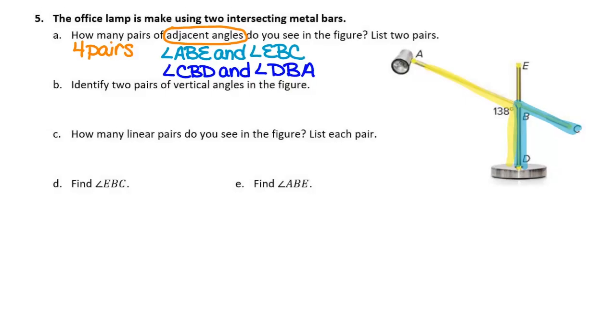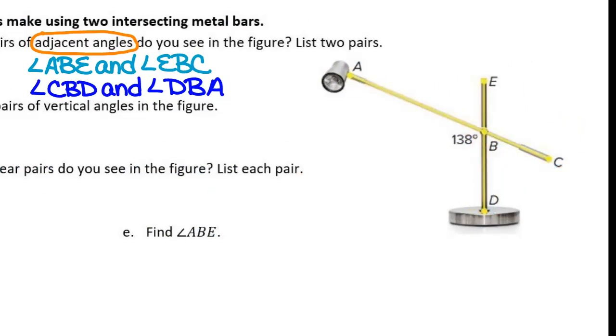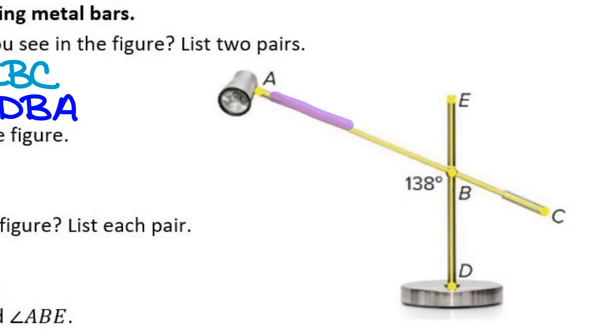All right. Identify two pairs of vertical angles in the picture. Do vertical angles share a side? Vertical angles do not share a side. They have to be formed by an X. I asked this at the beginning. Do these two lines form an X? Yes. All right, this is one of our angles.